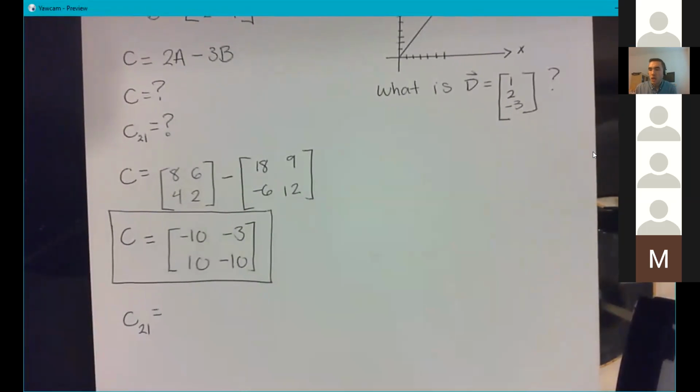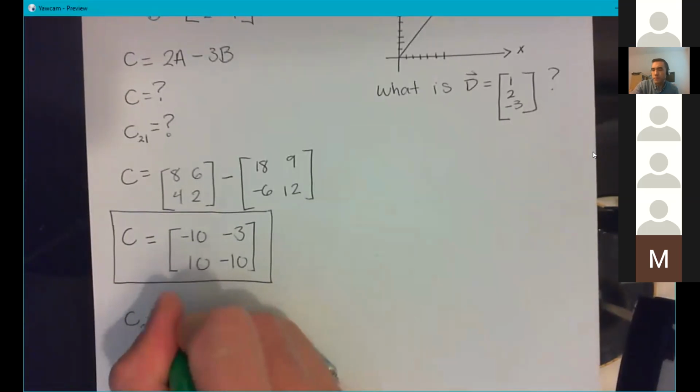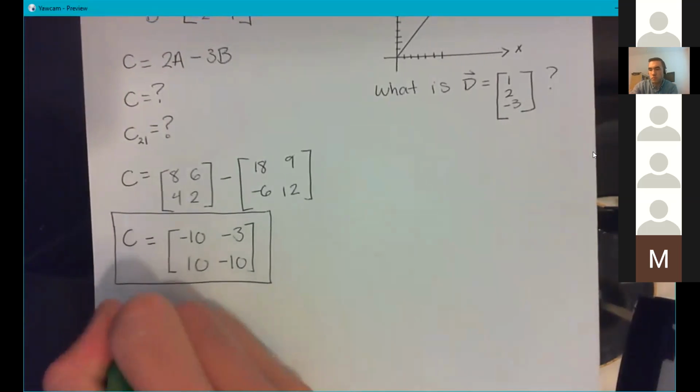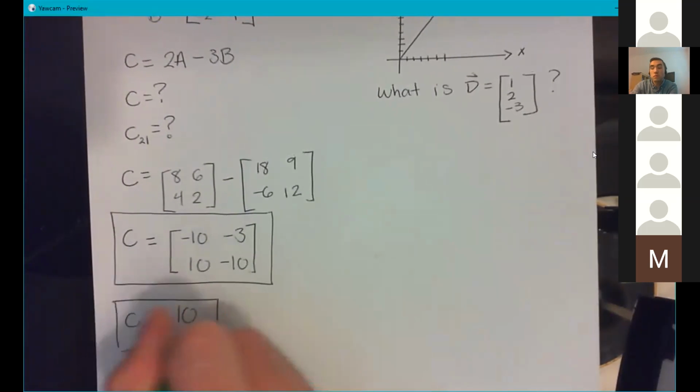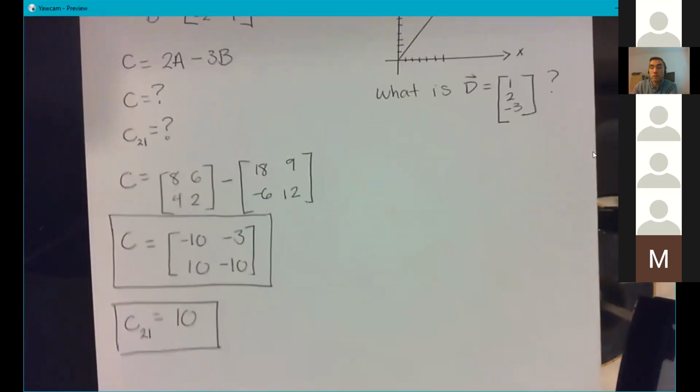No? Okay. And just a vocab check, what is C21? 10. Yeah, and how do you know? Because it's the second row, second row, first column.